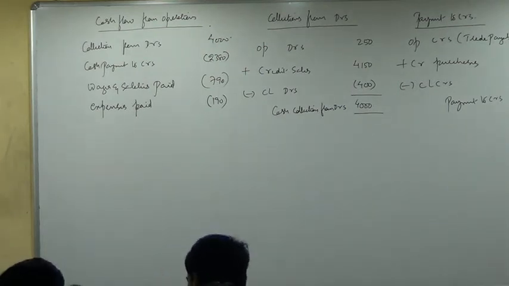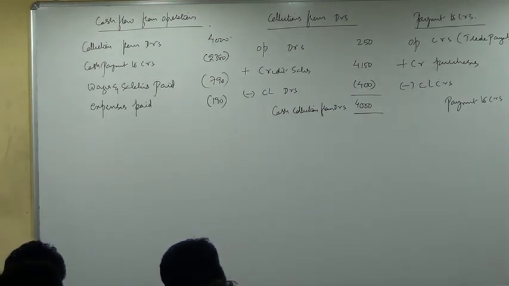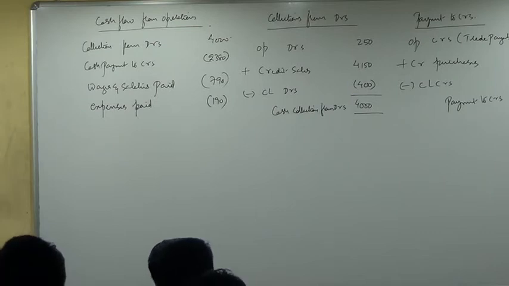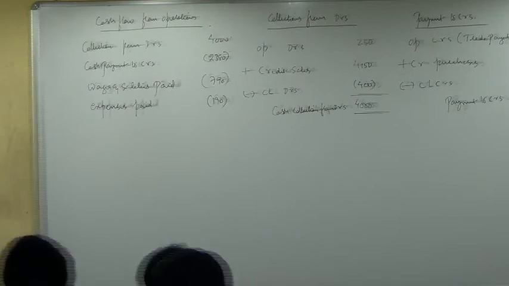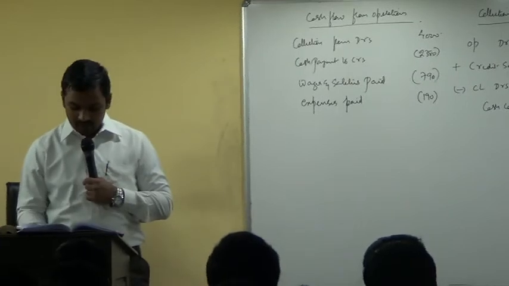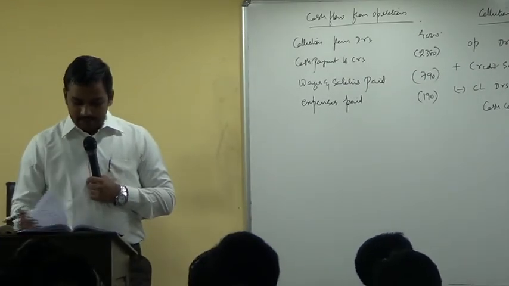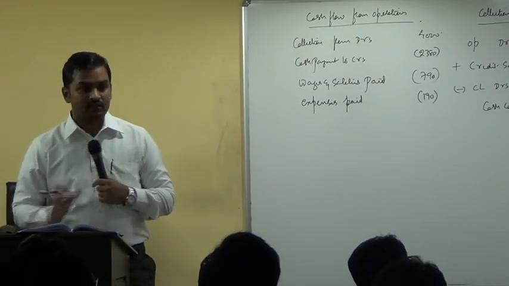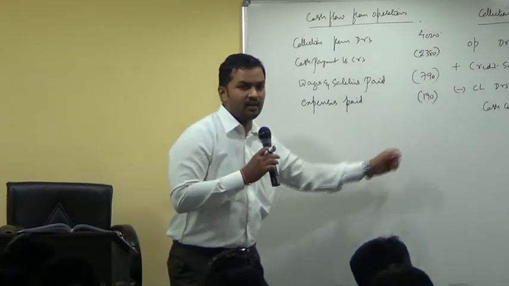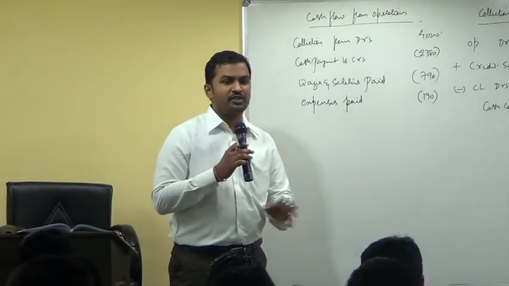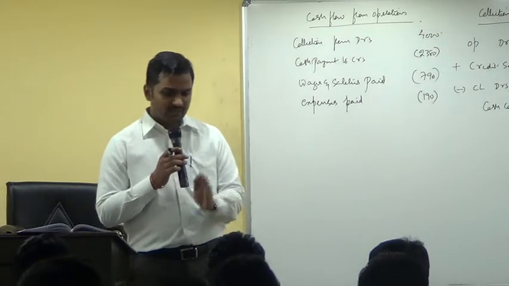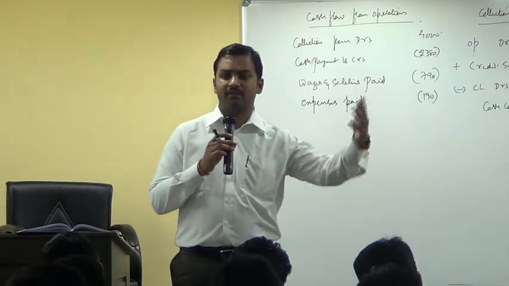Next, depreciation. Very good. Then you are given tax provision. Can I show tax provision as a payment here? Tax provision has only been provided for. You have just set aside your profits for payment of tax.